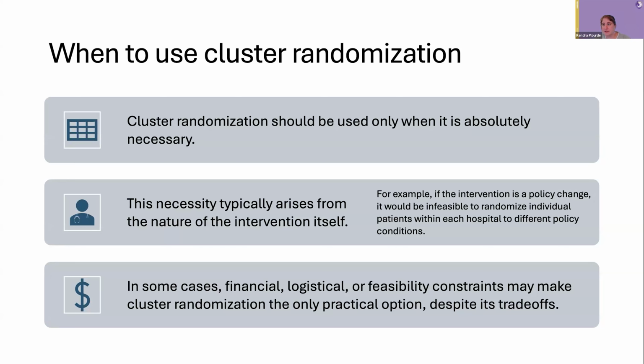Well, a policy change gets instituted at the cluster level. So it's infeasible to randomize individuals within each hospital to a different policy. And then in some cases, financial, logistical, feasibility constraints may make cluster randomization the only practical option, despite its trade-offs.